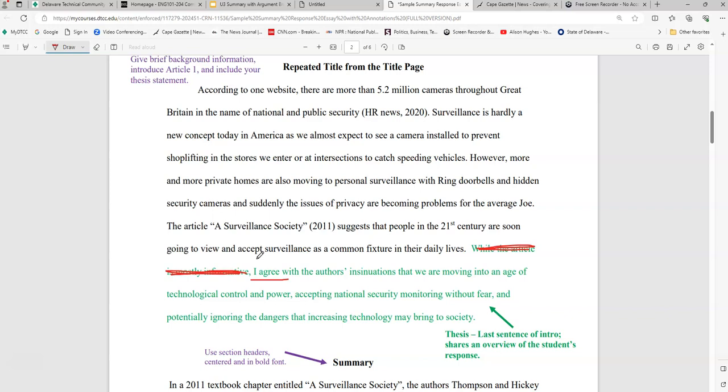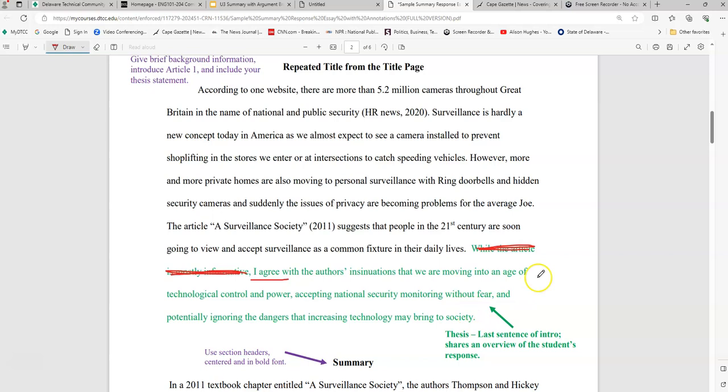It's why you agree or disagree with the author. It's going to include your personal examples. So I agree with the author's insinuations that we are moving into an age of technological control and power, accepting national security monitoring without fear, and potentially ignoring the dangers that increasing technology may bring to society.